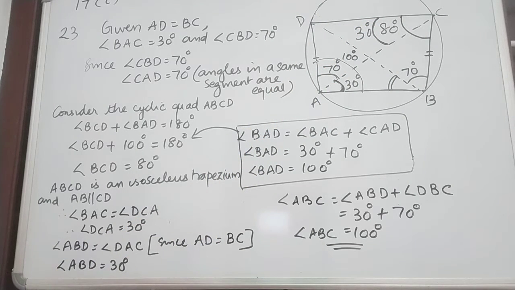Then look at AD and BC side. Since AD is equal to BC, that is a chord. So we can write angle ABD will be equal to DAC.